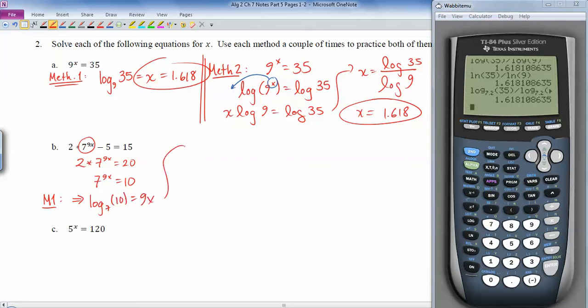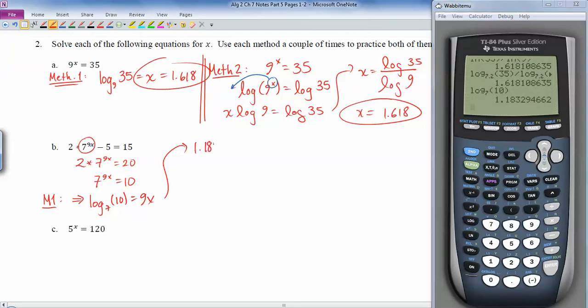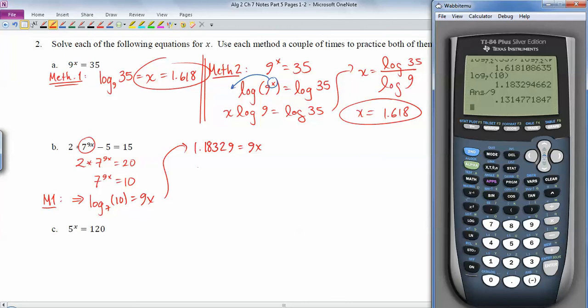And then we can plug that into a calculator. So alpha f2, log base 7 of 10. That's 1.1839 equals 9x. And then I'm going to divide both sides by 9. So that'll become 0.1315, let's say, equals x.